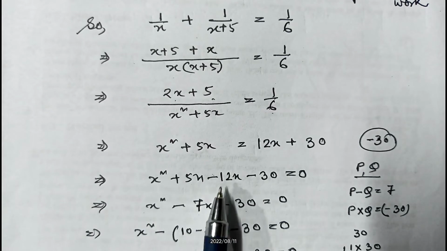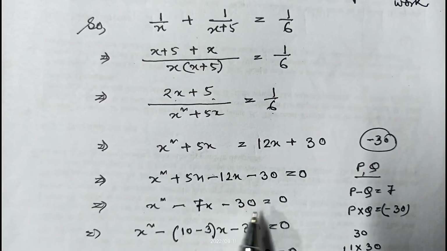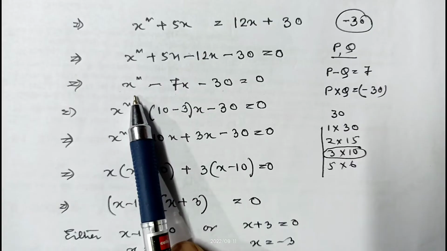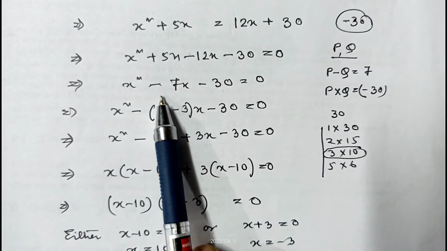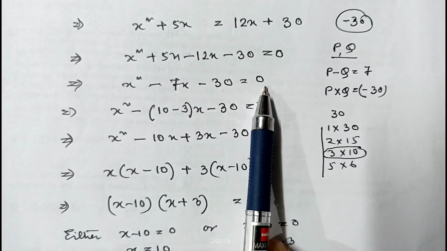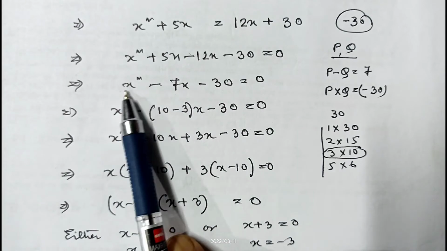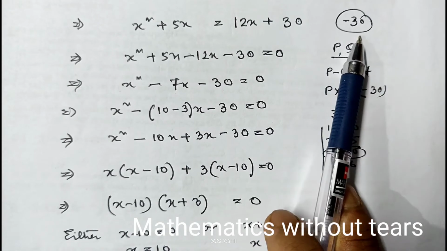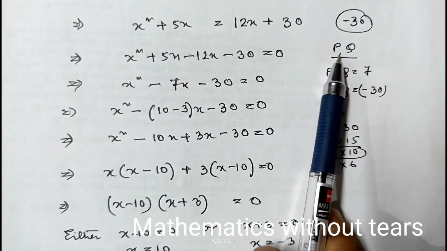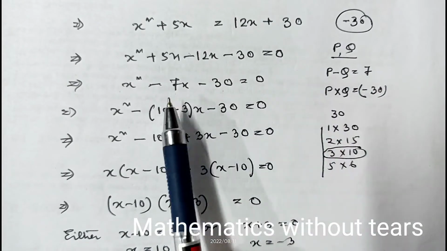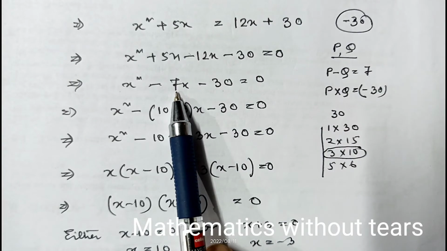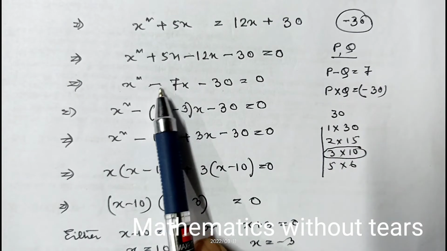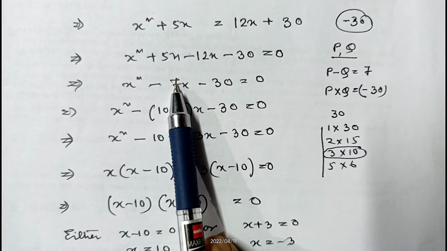So X square minus 7X minus 30 equals 0. So we got one quadratic equation. Now if we multiply the coefficient of X square with the constant term, it will be minus 30. And since it is negative, we need two numbers whose difference should be the coefficient of X, that is 7. Here we don't consider the sign, only the number.